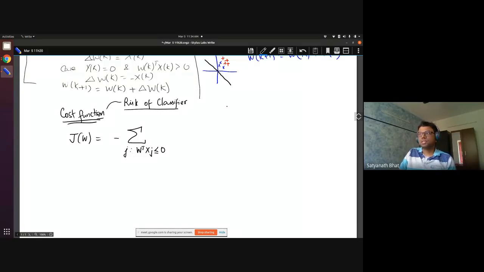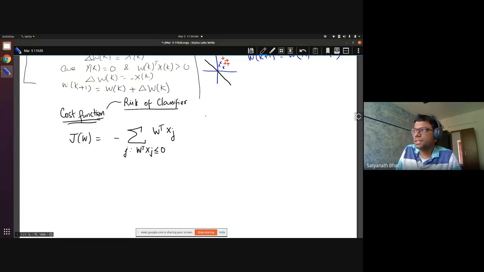If there is any ambiguity, then they must be on the other side. We just count all of those. This is going to be our cost function. You can think of it as how well the current iteration is doing, right? This is what you would like to see.